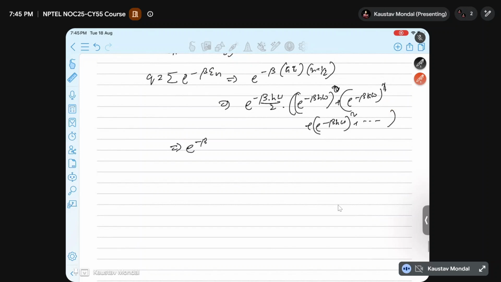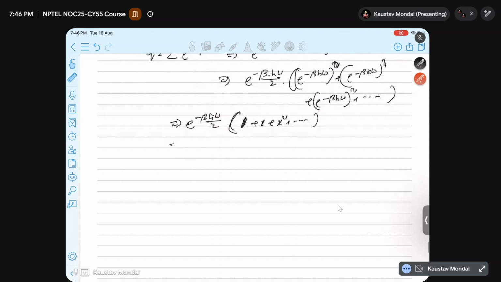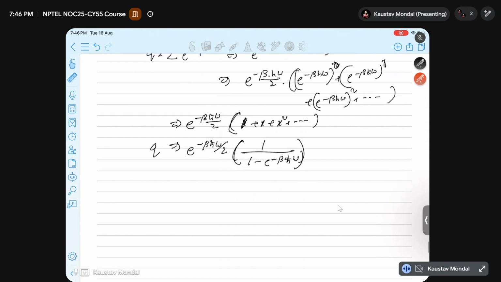This will look like x, so 1 plus x plus x square plus this. Then after doing the summation, this is a summation of an infinite series, you will get e to the power minus beta h cut omega by 2 times 1 by 1 minus e to the power minus beta h cut omega. Okay, so this is the expression of the partition function Q.